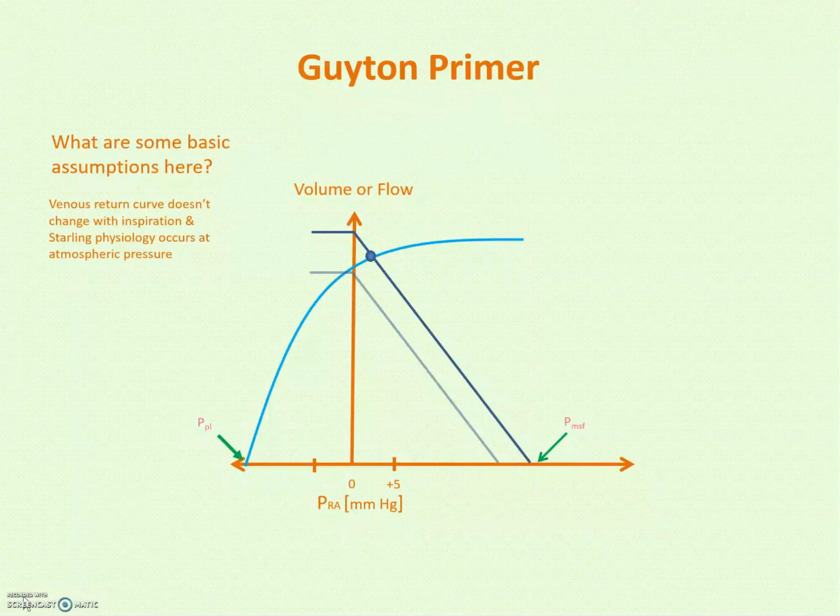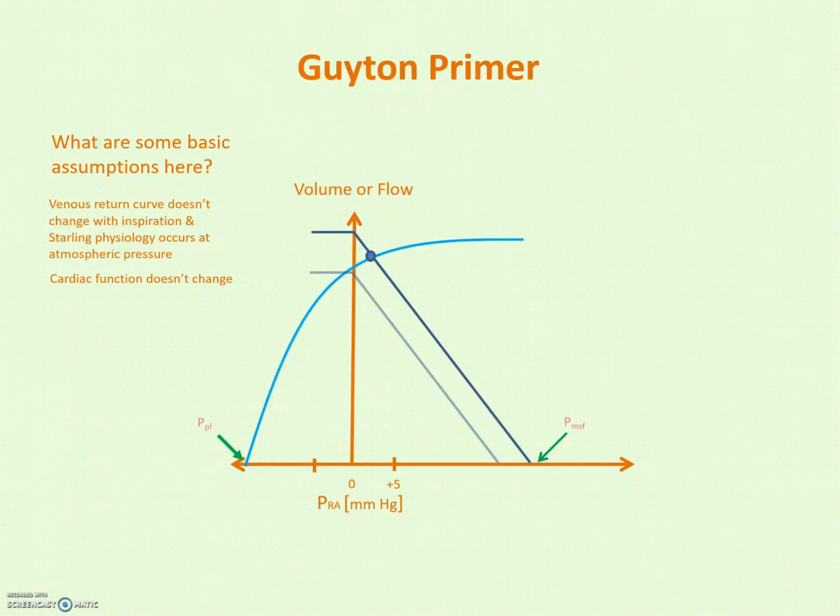So the first assumption is that the venous return curve doesn't change with inspiration, which it probably does a little bit as the lung volume increases. And the other key assumption is that the Starling resistor physiology here, the maximal flow, occurs at atmospheric pressure.